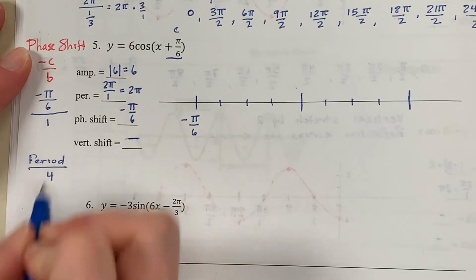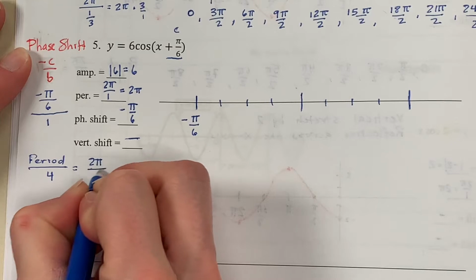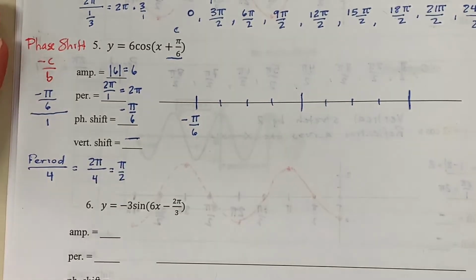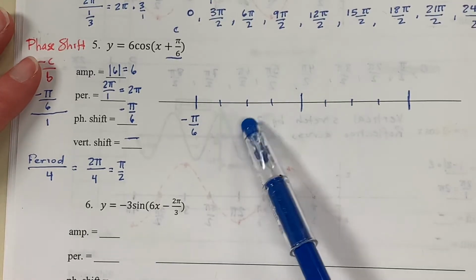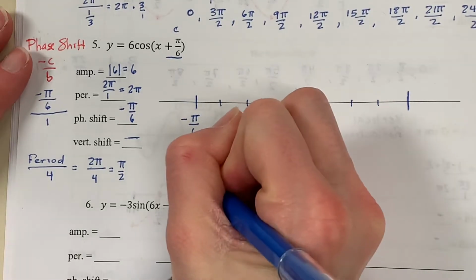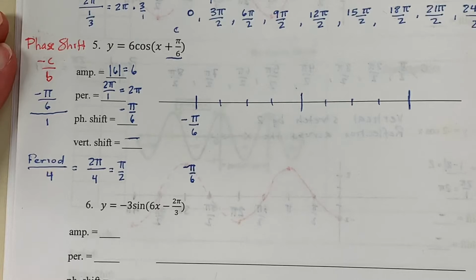So to plot the points on my x-axis, I'm going to take the period and divide it by 4. So my period is 2 pi. When I divide that by 4, I get pi over 2. What this means is there is a distance of pi over 2 between each consecutive x value. So I'm going to start with my first point, negative pi over 6, and I'm going to add pi over 2.